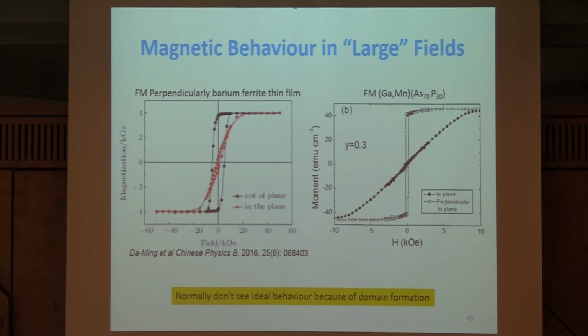And that's because if you're applying the field opposite the moment direction along the easy axis, then it's a metastable situation. So the system will tend to find some way to get from one state to the other. If possible, you'll get some sort of domain formation process. If you add any disorder, if you add edges to the sample, the domains will tend to find some way of nucleating.